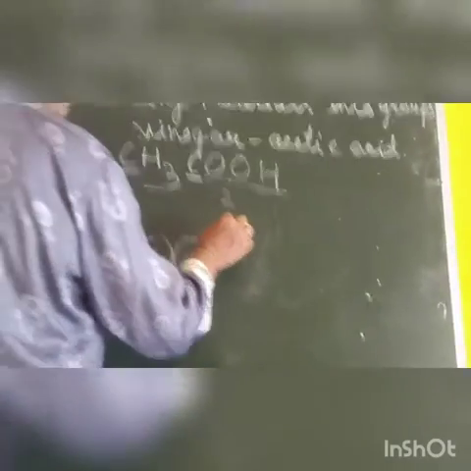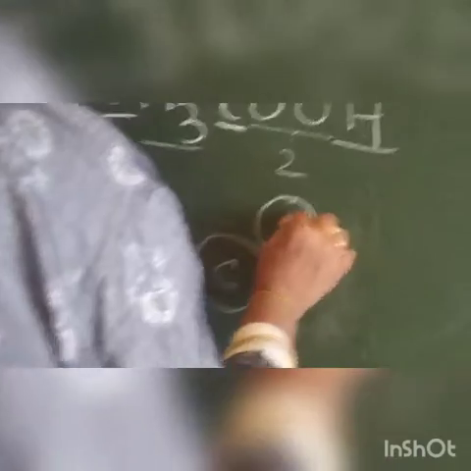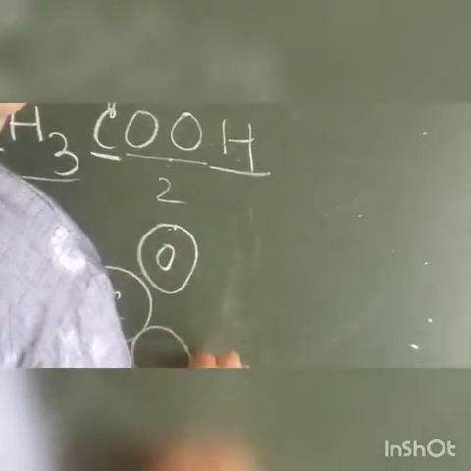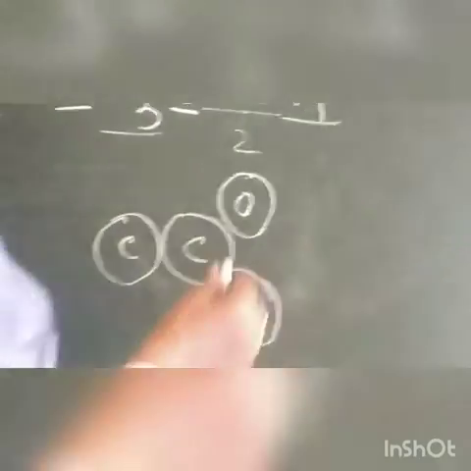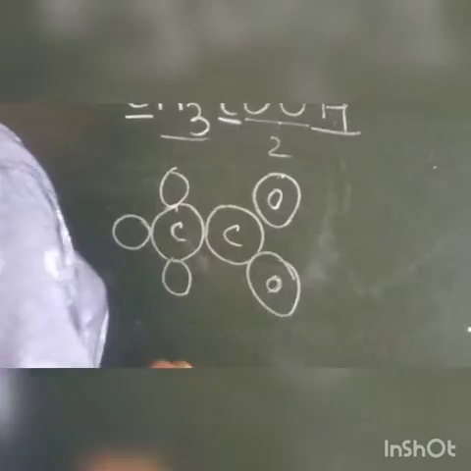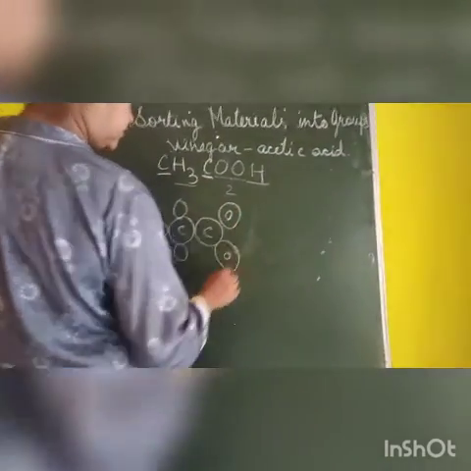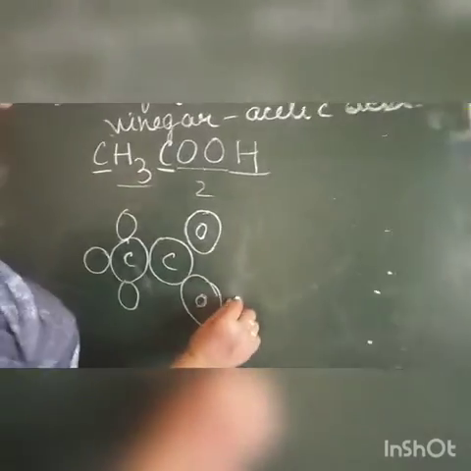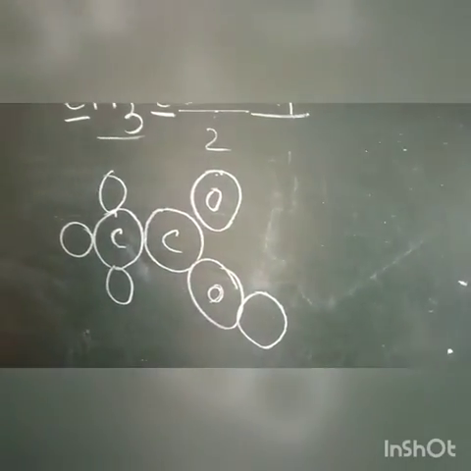Then there are 2 oxygen atoms, and the hydrogen atoms are placed next to each other. There are 4 atoms of hydrogen.